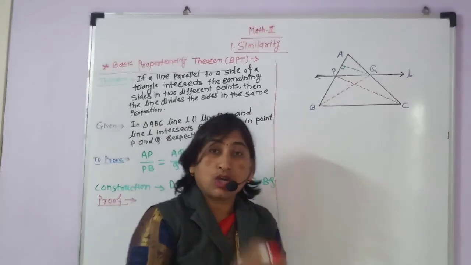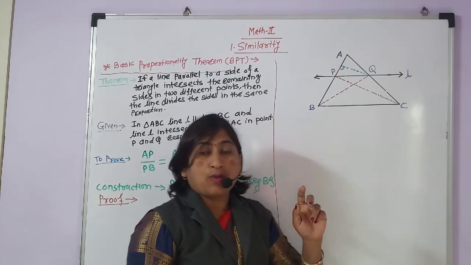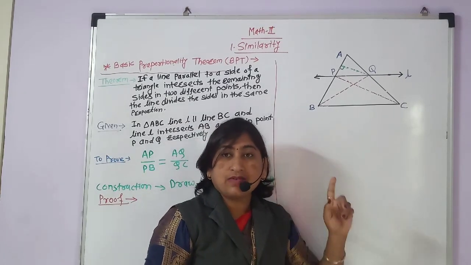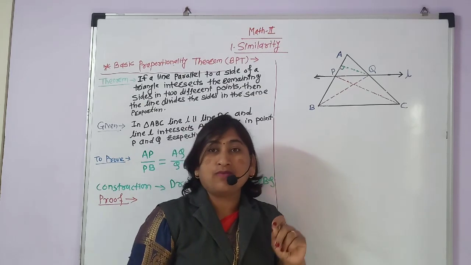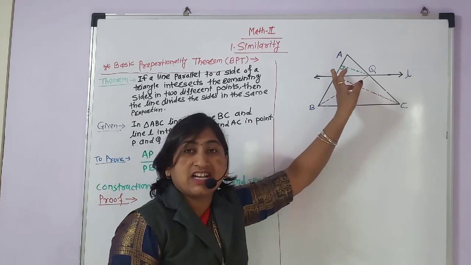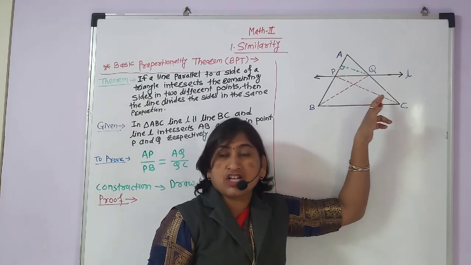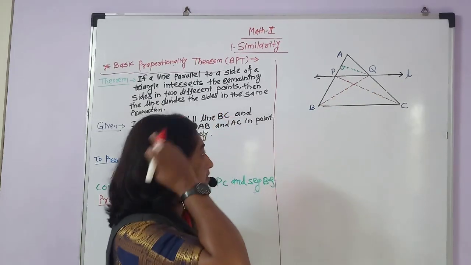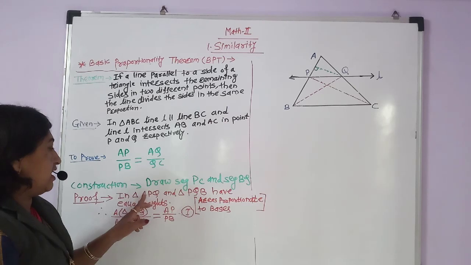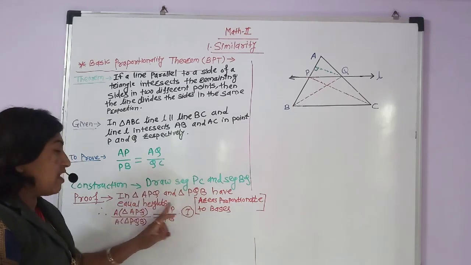Then, we saw in the previous lecture the property for those two triangles: when the heights of two triangles are equal, then the ratio of the areas of the two triangles is proportional to their corresponding bases. So we write: triangle APQ and triangle PQB have equal heights.